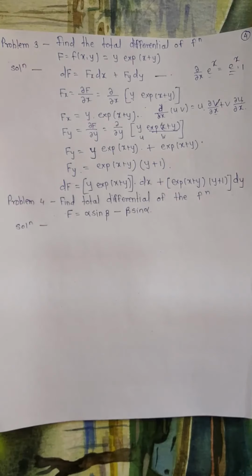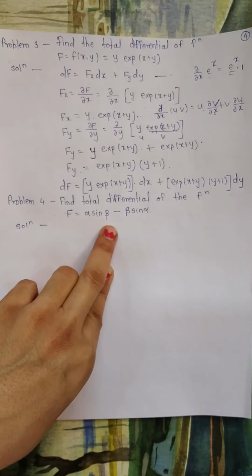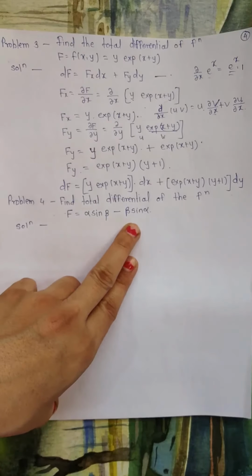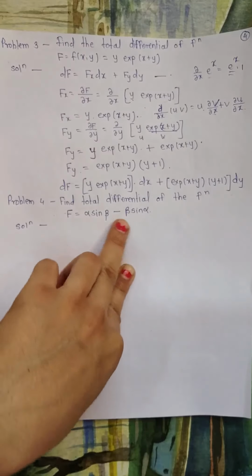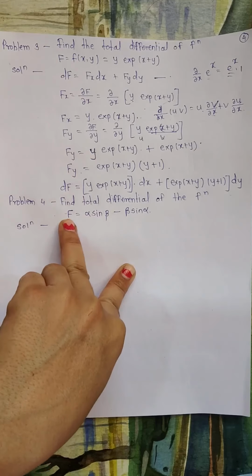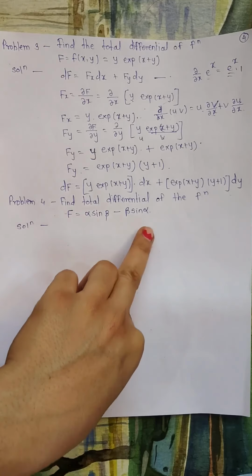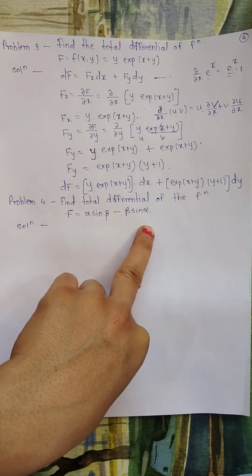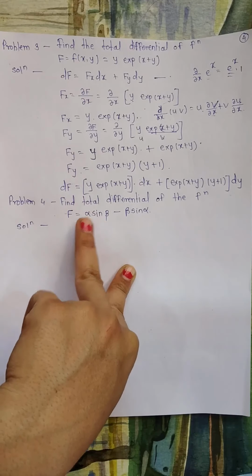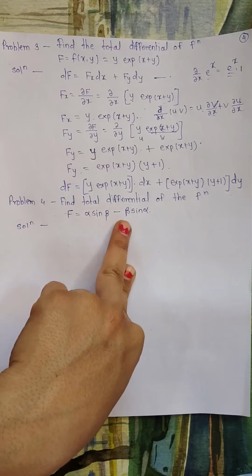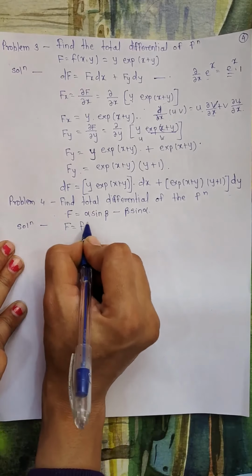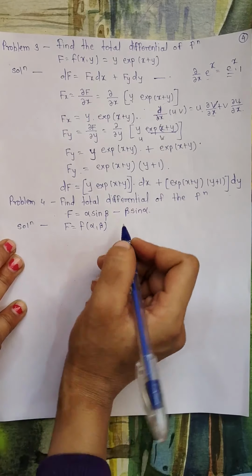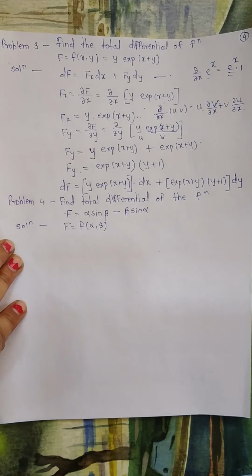Now let's discuss problem number 4, that is find the total differential of the function f equals alpha sin beta minus beta sin alpha. Now you should be able to recognize that f is a function of both alpha and beta, which means you have to find two terms.